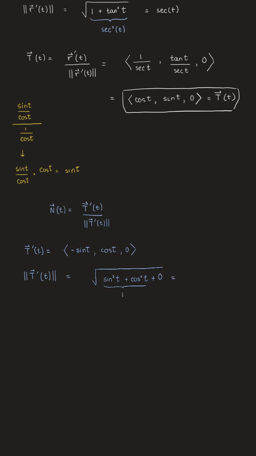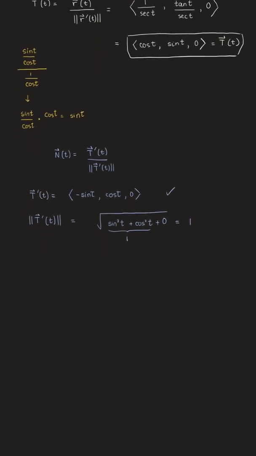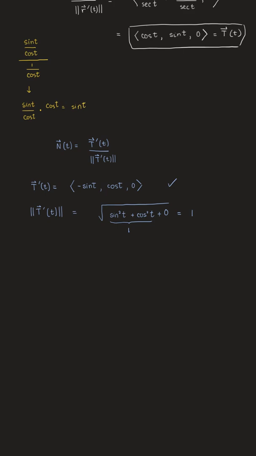And so this magnitude is 1, which means we already had a unit vector in what we found here. So that means that our principal unit normal vector N of t is going to be negative sine t, cosine t, and 0, all divided by 1, which is the magnitude of T prime, but that's just itself.